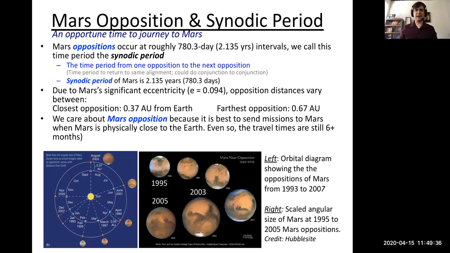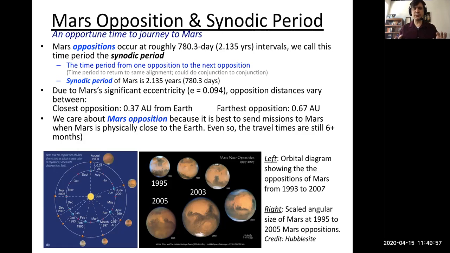We call the time period from opposition to opposition, or if you wanted to measure it conjunction to conjunction, that would work too. But the time period from one opposition to the next opposition, from one particular alignment of the planets to the next, to the exact same alignment, we call that the synodic period.